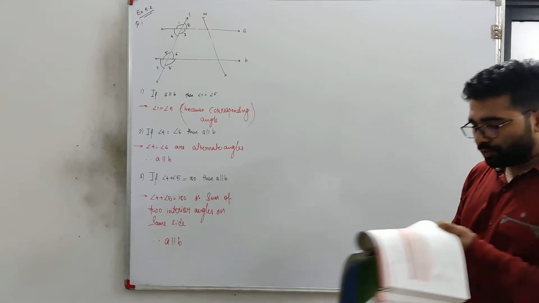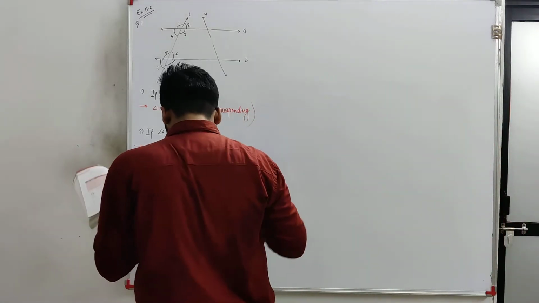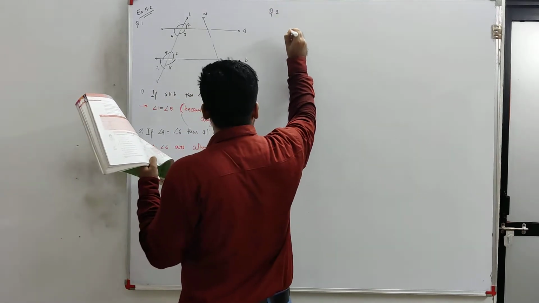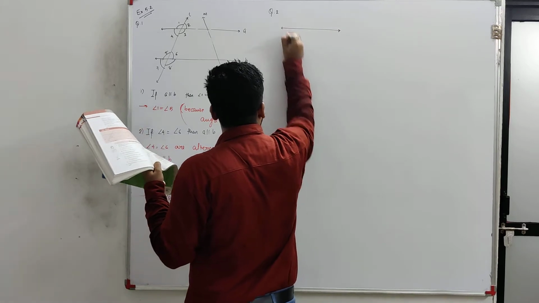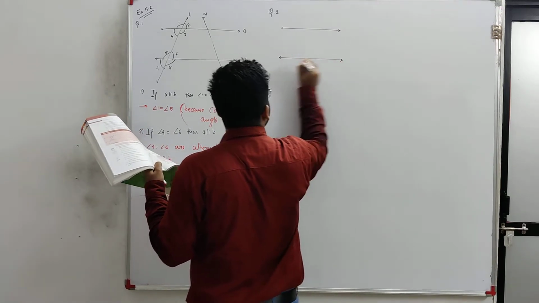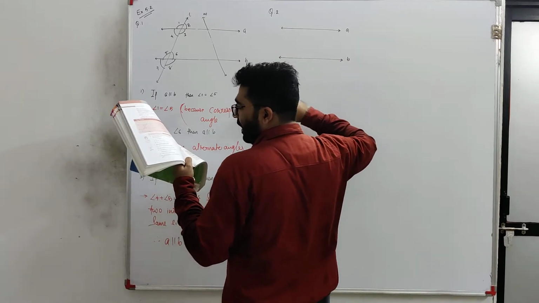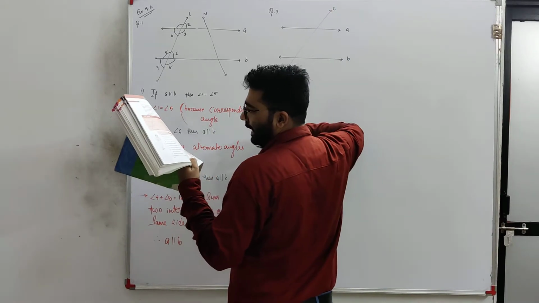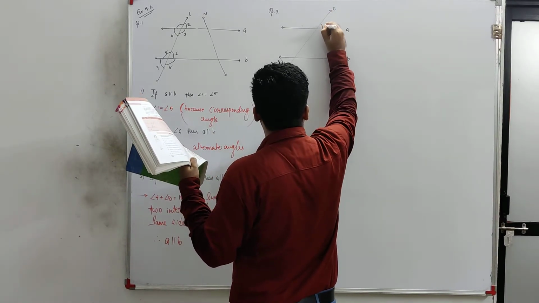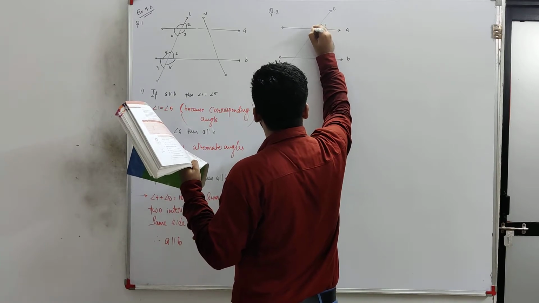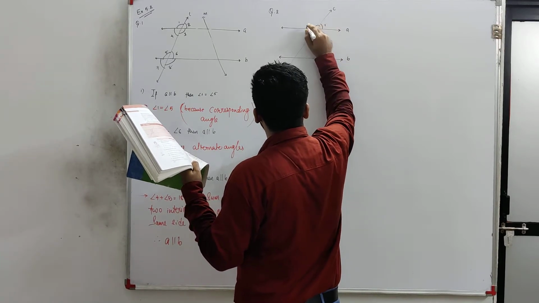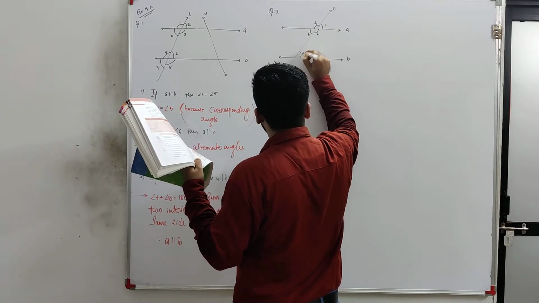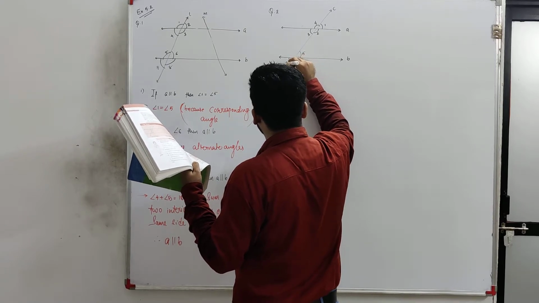Let me see question number 2. It is given that two lines, line A and line B, are cut by a transversal, line C, and it forms angles 1, 2, 3, 4, and 5, 6, 7, 8.